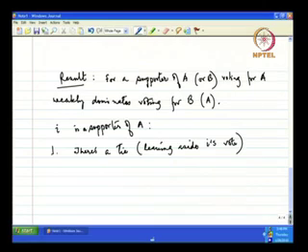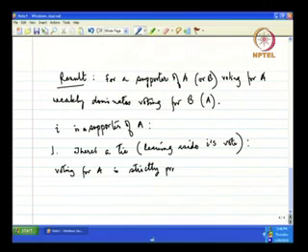In that case, voting for A is strictly preferable to voting for B.